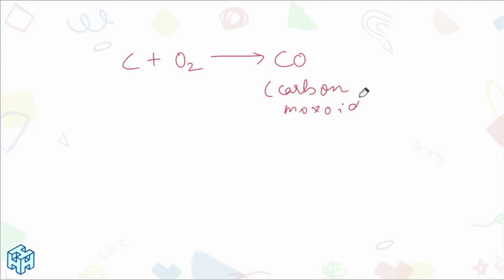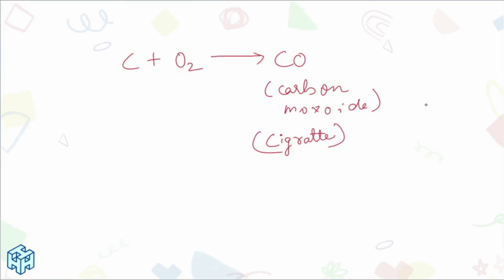For example, C plus O2 gives carbon monoxide. When we burn, sir, have you ever seen people smoking cigarettes? The smell is not that good because of carbon monoxide. Cigarettes release carbon monoxide. Now let us count again.